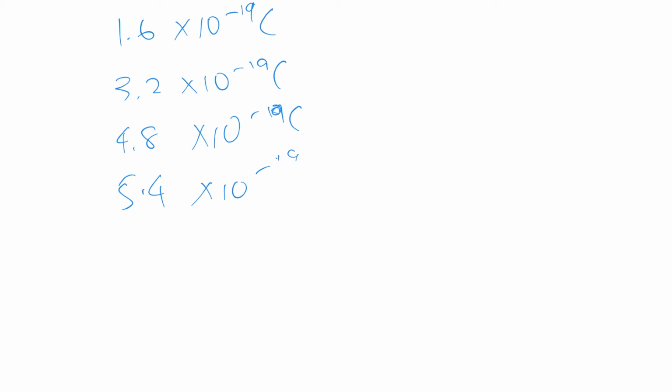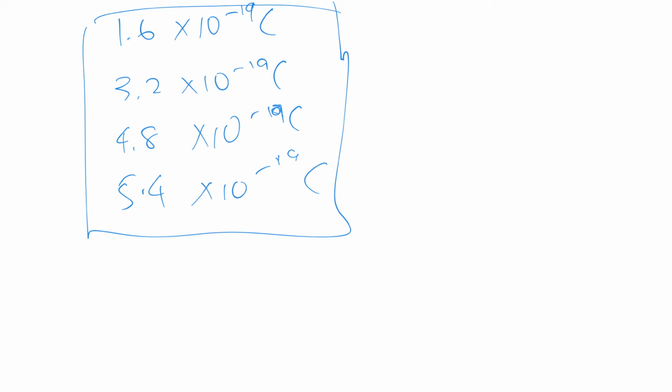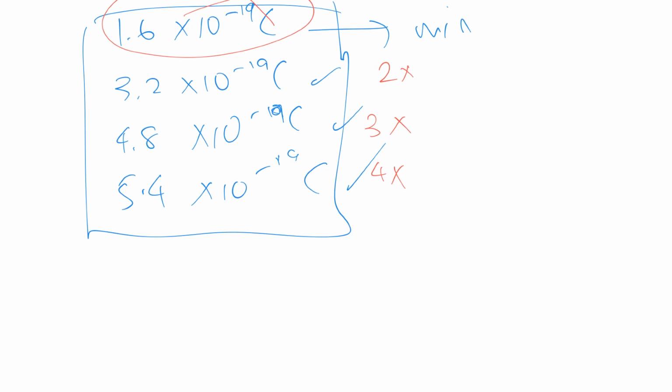So what does it mean? He noticed that these were all values that show him that this is the minimum, and all other values that he got were actually just whole number multiples of this value. Example, this is like 2 times of this value, this is like 3 times, 4 times of what? Of this basic value. Do you understand?